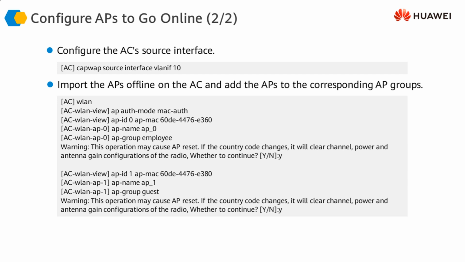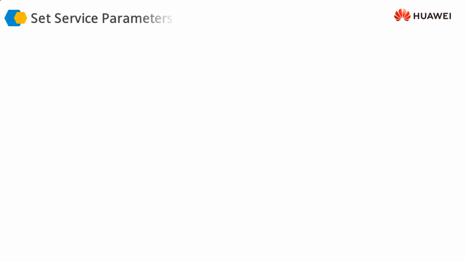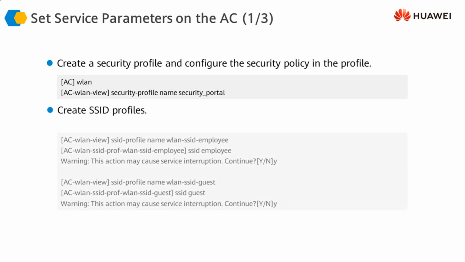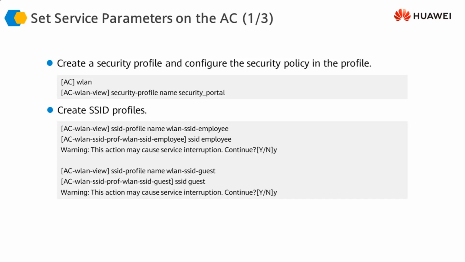Once this is done, we move to the portal authentication related configuration. First we go to the wireless LAN view, WLAN view. There we configure the security template or the security profile by the name of security portal, for example. We don't change anything, we just use the default configuration in the security template.